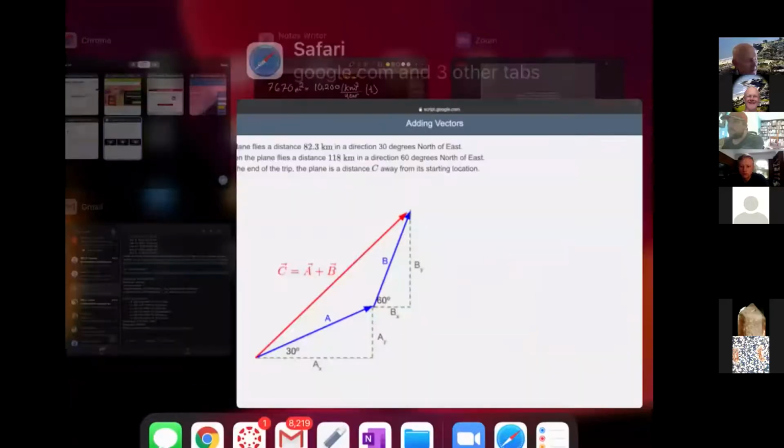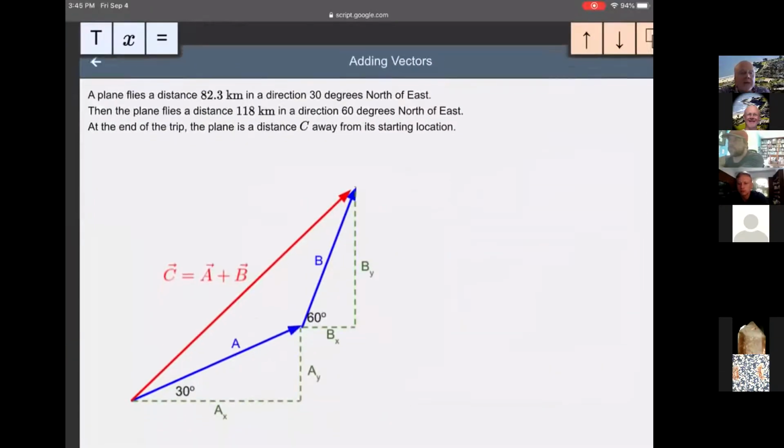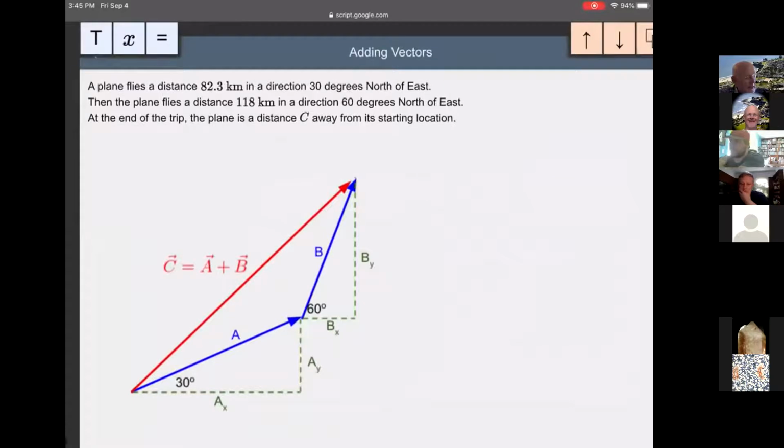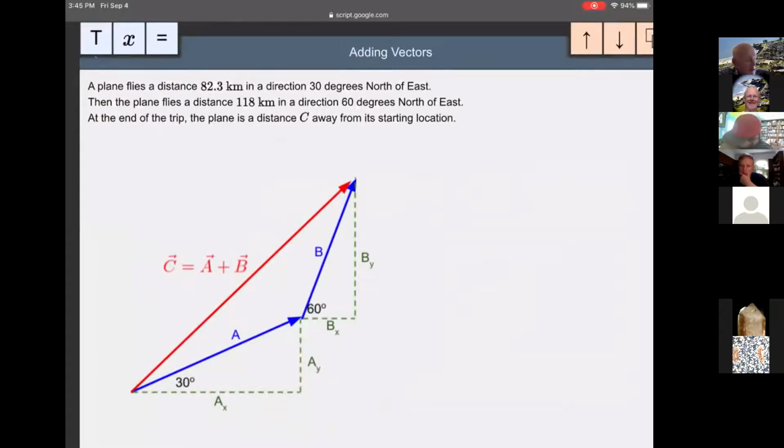I think I read 82.3 kilometers. Then it went, this is the one I didn't remember, 118, 60 degrees north, and our job is to find C. All right. Okay, perfect. My apologies, I should have said hold on, because when I start sharing, it will kick you off. No problem.